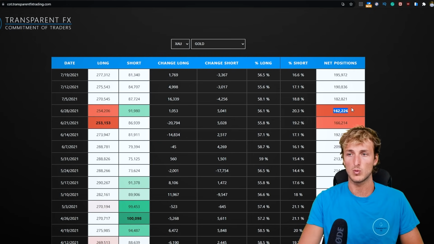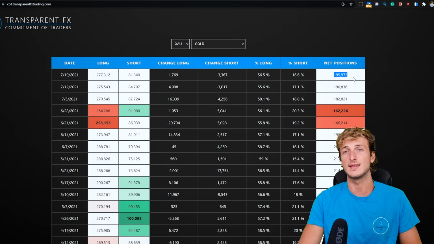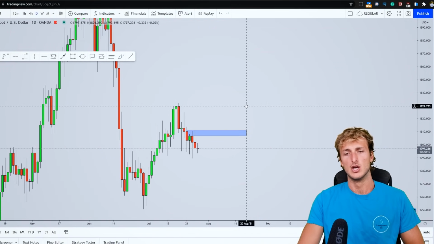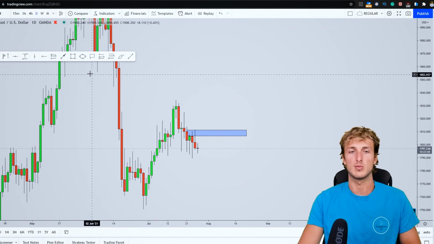We went from having 162K net positions up to first 182K, then 190K, and now currently 195K net positions from the last report, with 1.7K longs added and 3.3K shorts getting closed, reaching 277K long positions and only 81K shorts. Shorts are getting decreased, longs are getting increased. This is pretty easy to identify. So how can we be looking for a potential setup?